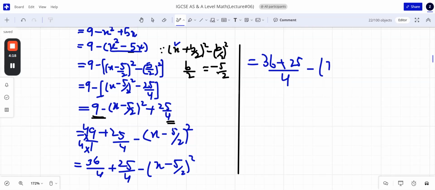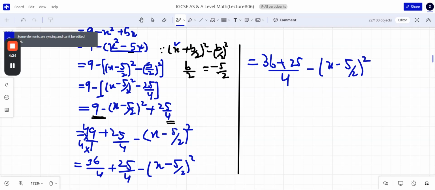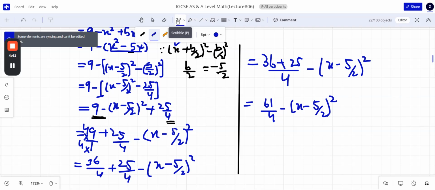Then minus x minus 5 by 2 whole square. 36 plus 25 is 61 over 4, minus x minus 5 by 2 whole square, which is our required form.